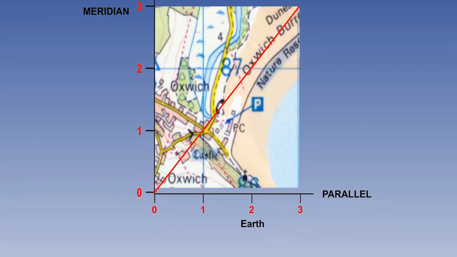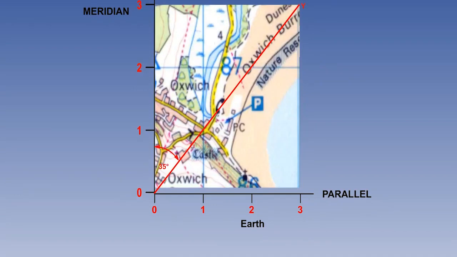Suppose that our projection now expands the north scale more than the east scale. Our square shape has now become rectangular, and the chart bearing is now 0.35 degrees instead of 0.45. This chart is clearly not orthomorphic.